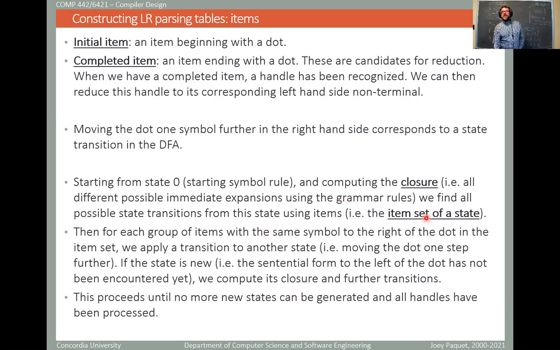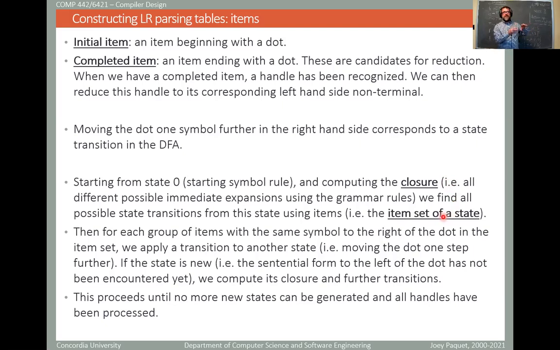Essentially, you start with the rule that defines the starting symbol. You compute the closure of it. Then you come up with a set of items that can be expanded from the starting state. Then you branch to other states.